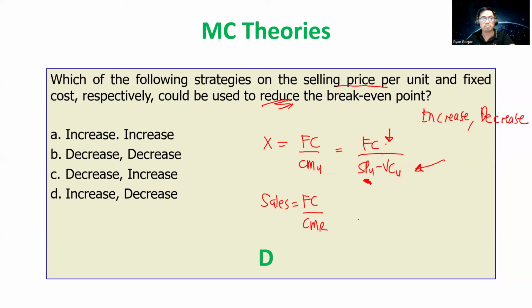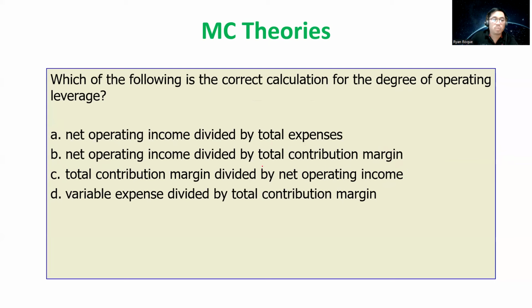All right. So next, which of the following is the correct calculation for the degree of operating leverage? I would like to show first the income statement under the contribution margin approach. So that would be sales minus the VC, we have the CM, minus the FC, we have the operating income.